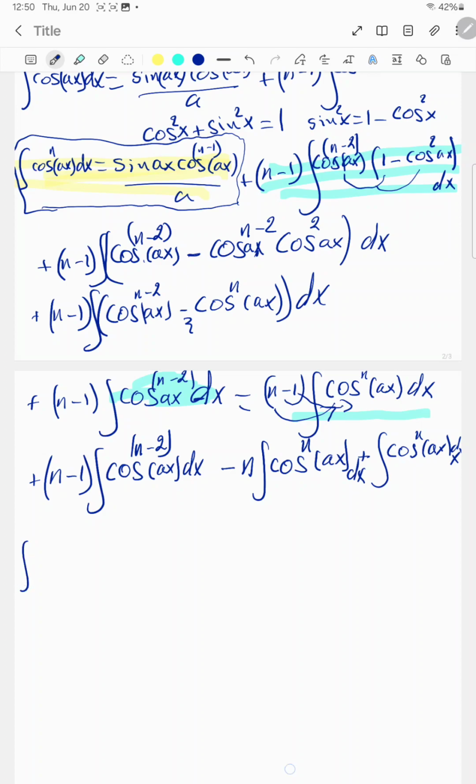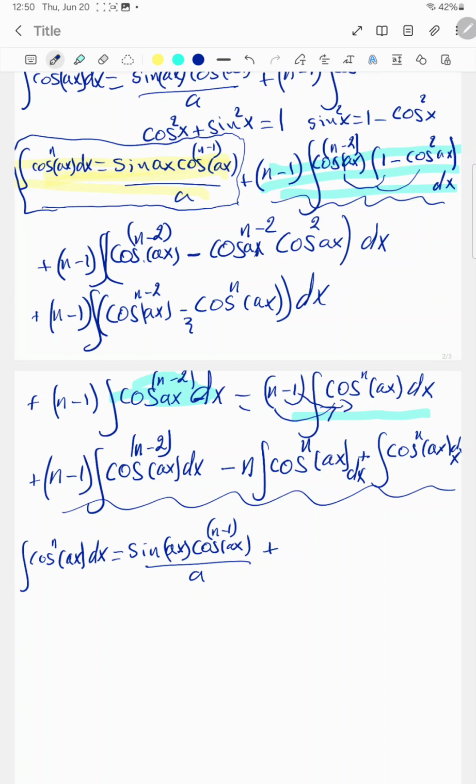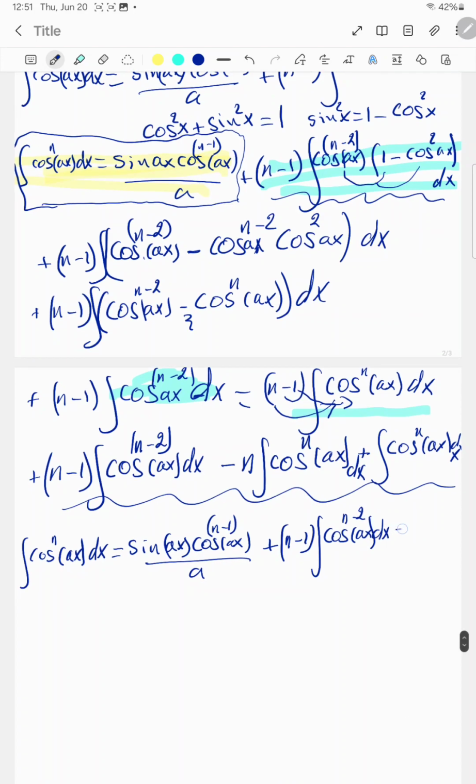So the integral of cosine to the power of n of ax dx equals sine ax cosine n minus 1 ax divided by a, plus, instead of writing this part now, I will write this part here, plus n minus 1 integral of cosine to the power n minus 2 ax dx minus n integral of cosine to the power of n ax dx plus integral of cosine to the power of n of ax dx.